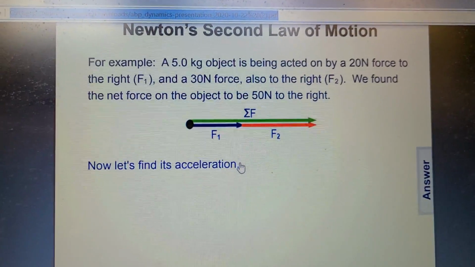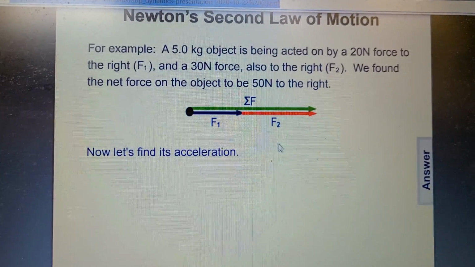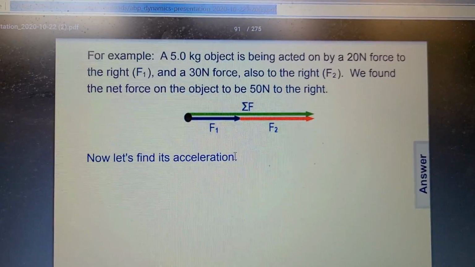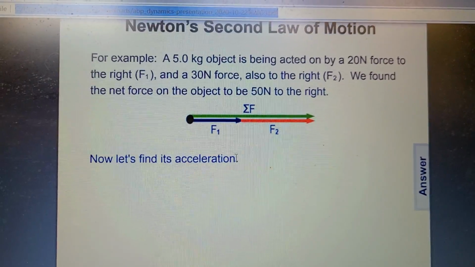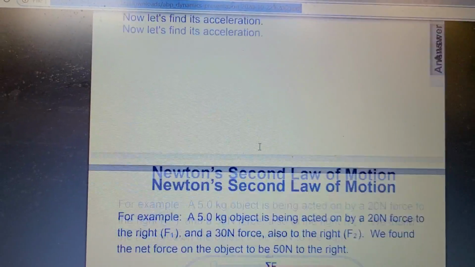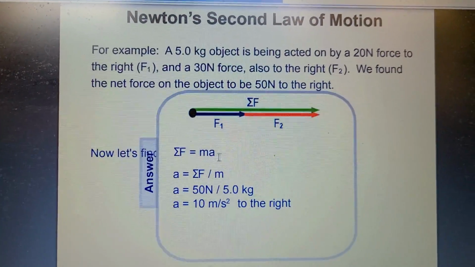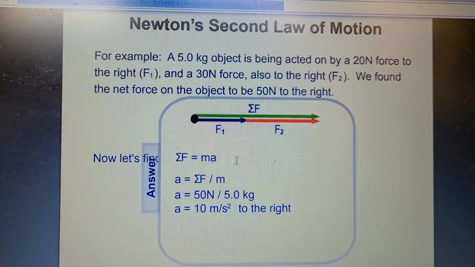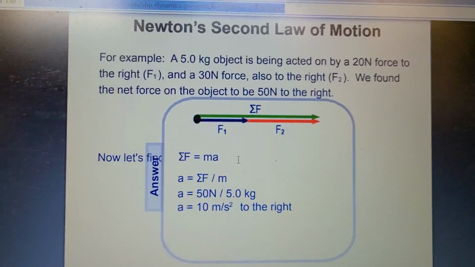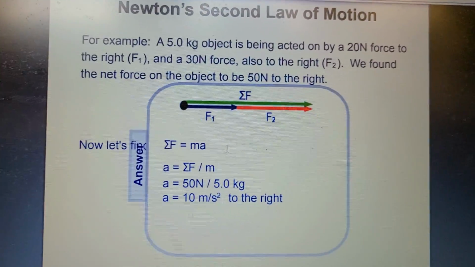So back to that example that we had, like Xavier was telling us before, when it comes to looking for acceleration, you already solved for this. It's the same problem. You don't have to rewrite it, but you've already solved for it. You know what the net force is. You said the net force is 50 to the right. So when you find acceleration, you should know that force equals mass times acceleration. When you flip it, because you want to solve for acceleration, acceleration equals force divided by mass.